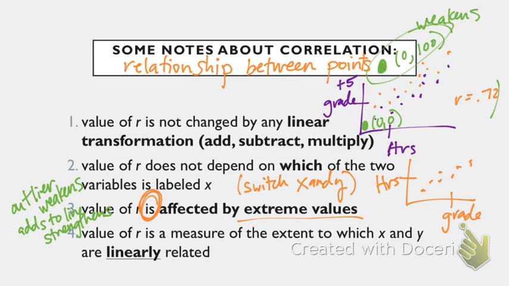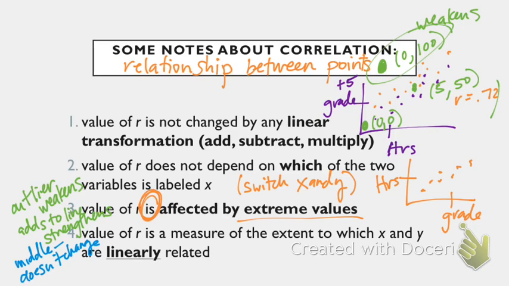If it is smack dab in the middle, like 5 hours and they made a 50, then it really doesn't affect it at all. If it's in the middle of the data, it doesn't change, because it's not an extreme value. It's kind of plain, along with everything else.